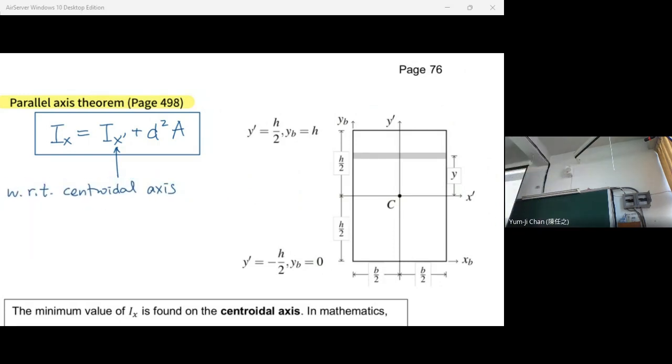So for Ix prime, this one, that is the moment of inertia with respect to the centroidal axis. This one.